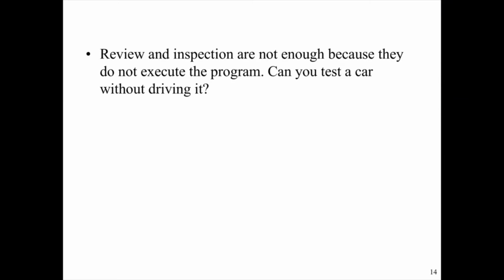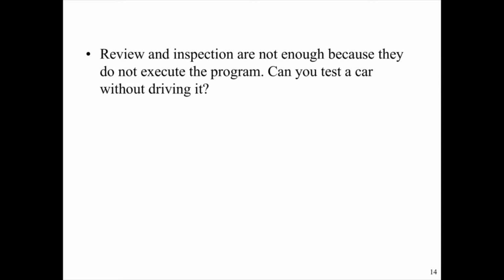In testing, some of the efforts you were introduced to in the previous chapters were review and inspection. These techniques are good and we are using them, but they are not enough because they were used before the program was executed. But now we are targeting the flaws or bugs when the software is running.